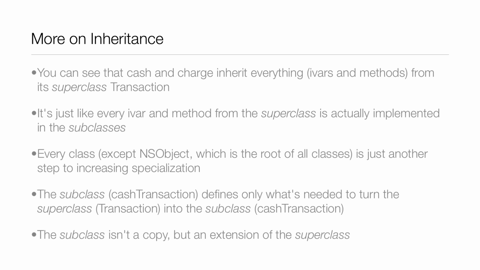Now, a little bit more on inheritance. You can see that Cash and Charge inherit everything, ivars and methods, from their superclass Transaction. It's just like every ivar and method from the superclass is actually implemented in the subclasses.